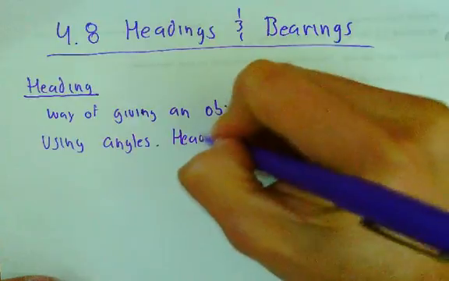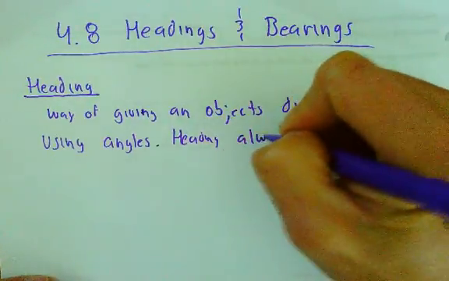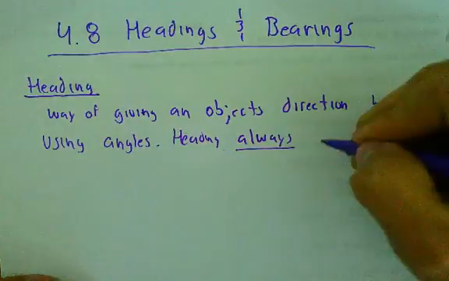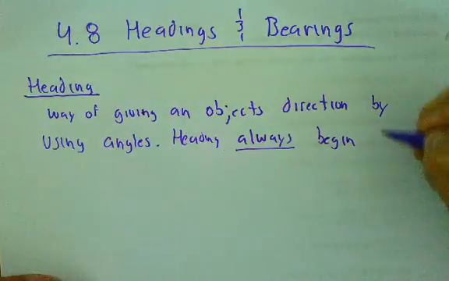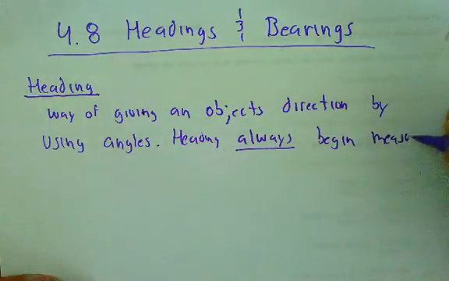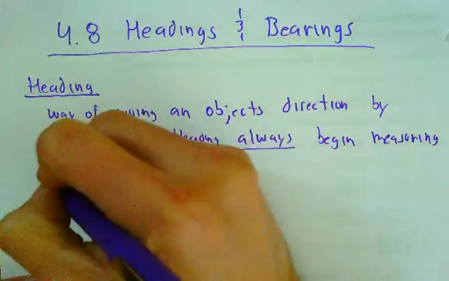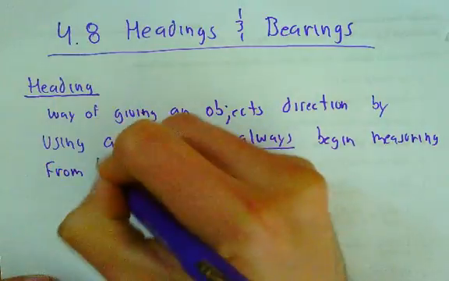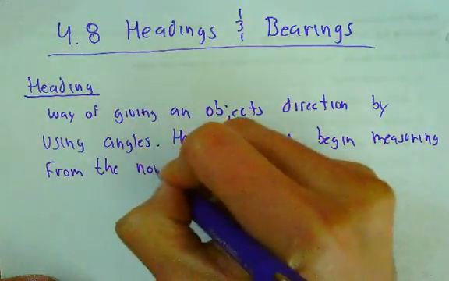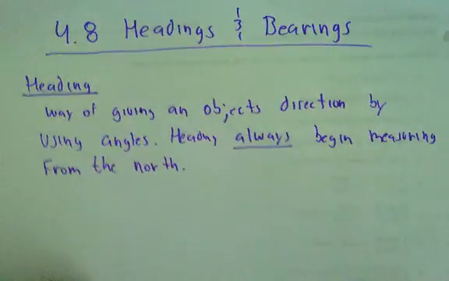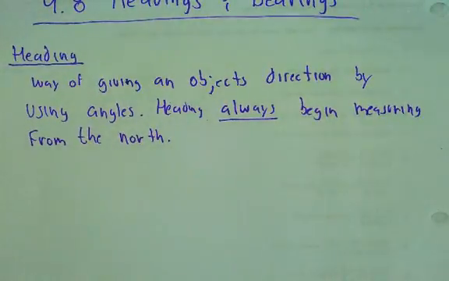Headings always begin measuring from the north. Okay? There's an actual definition, but that's as simple as I can put it into everyday words. Okay? I'm going to show you graphically what I mean by that.